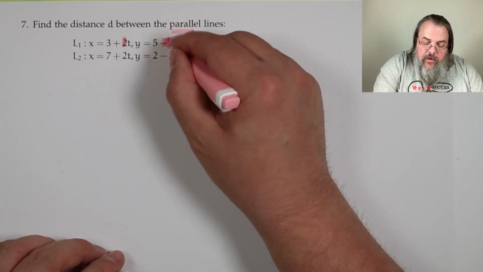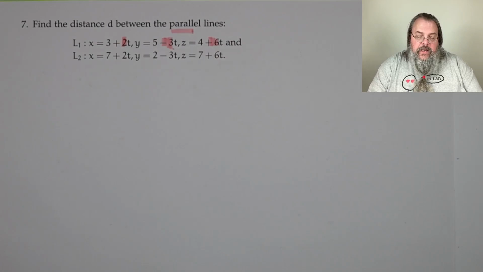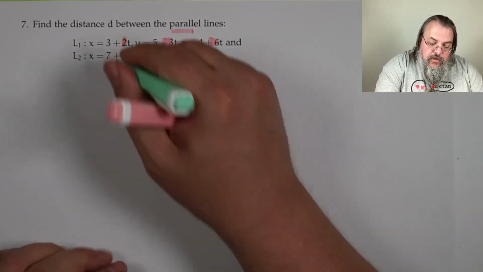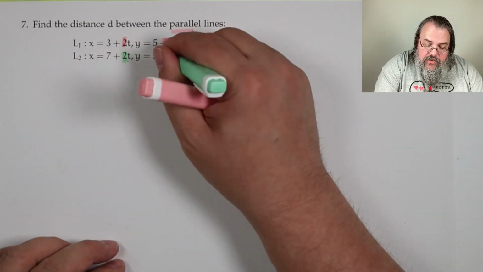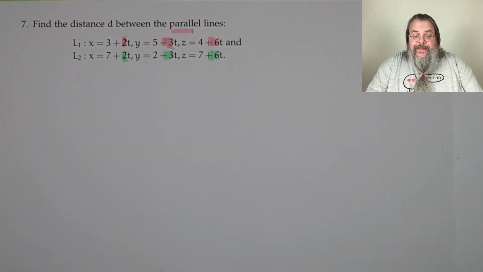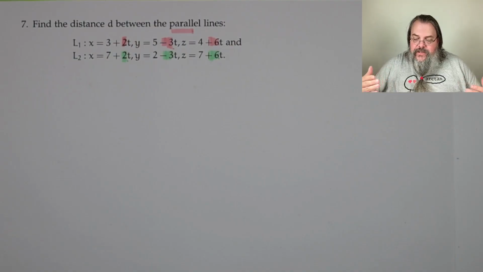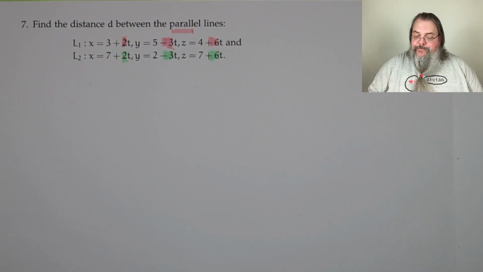So you have the 2, -3, and +6. That's your direction vector of your first line. And you compare it to the 2, -3, and +6. That's the direction vector of your second line. So that means they have the same direction vectors, which is even stronger than what we really need. We just need to make sure that their direction vectors are parallel to each other.